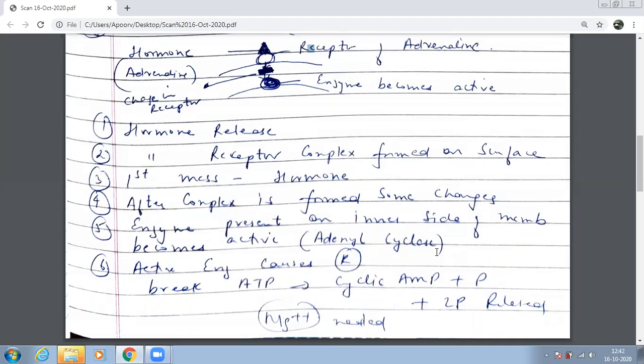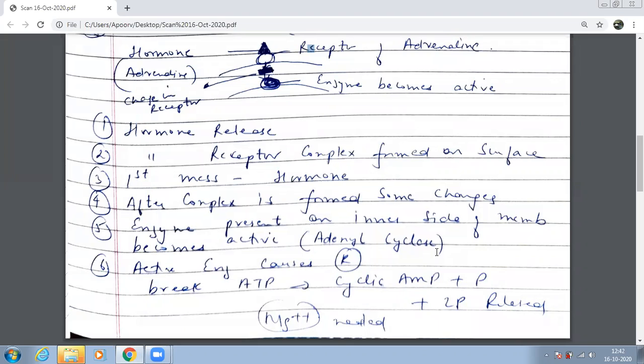So when I explained in the beginning, I told you that some reactions happen inside. Beta, there are different reactions for every enzyme. I'm just taking the example of adrenaline to explain it to you. The process will remain the same up to there. The hormone will come and bind to the receptor.